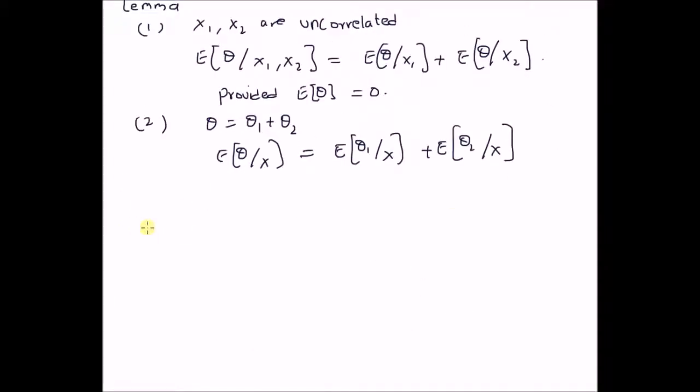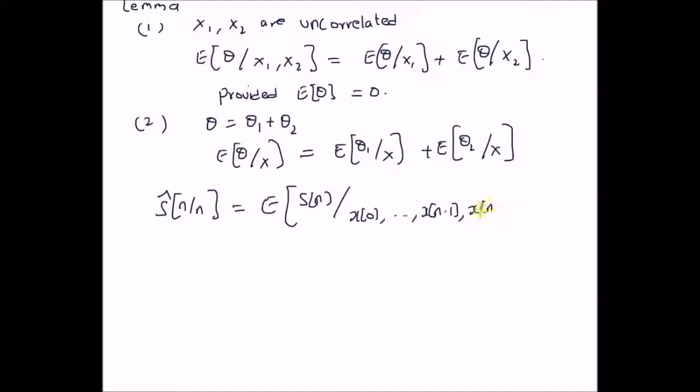Now let us look at the definition of the conditional mean, that is s hat of n given n, which is equal to the conditional expectation of s of n given the observations from x of 0 to x of n minus 1 and the latest observation x of n.